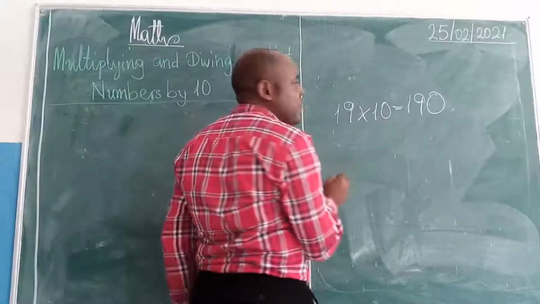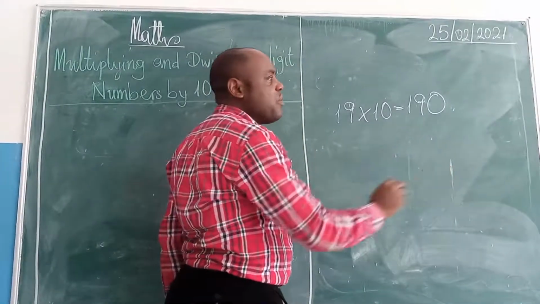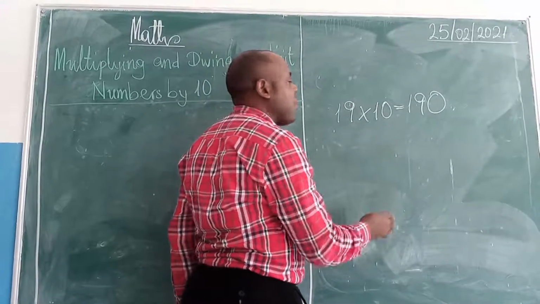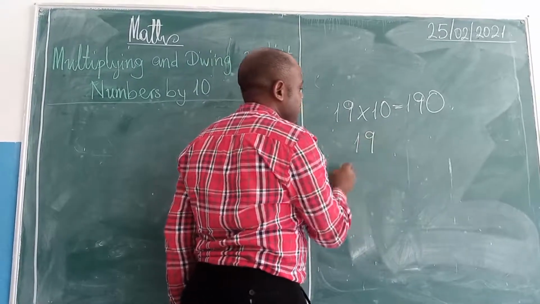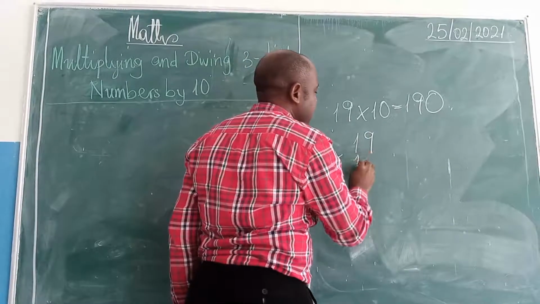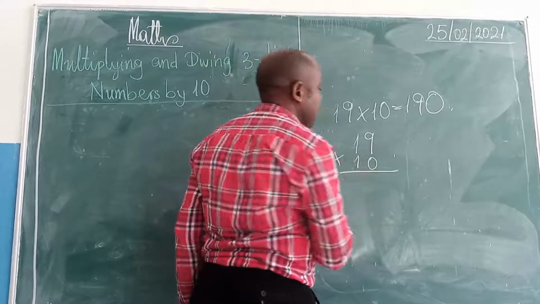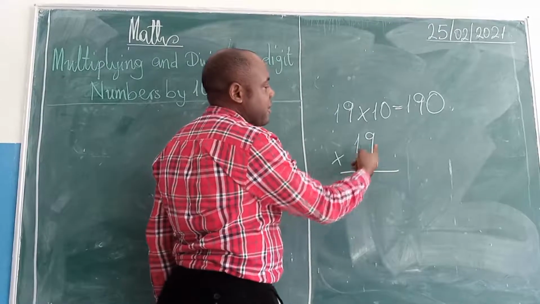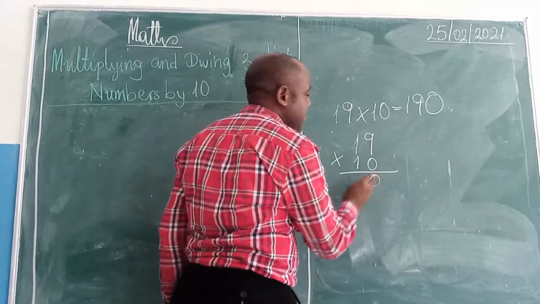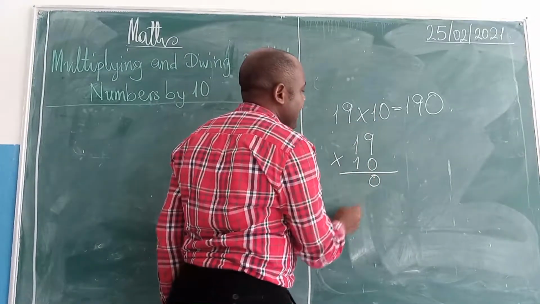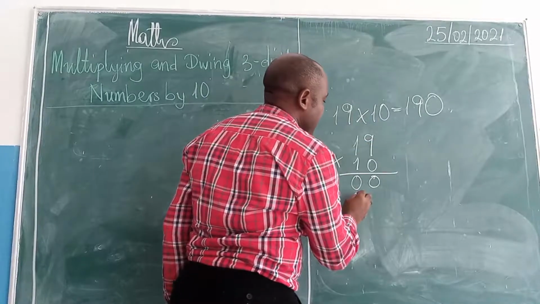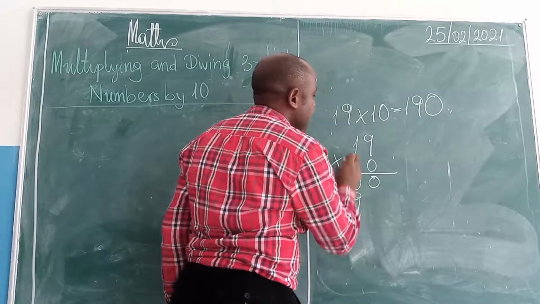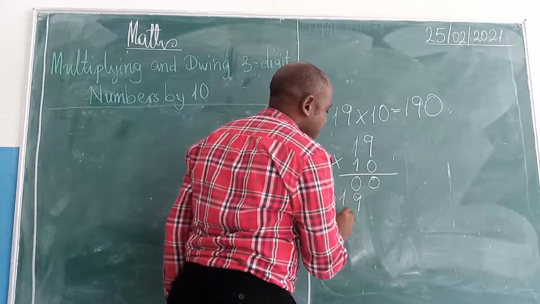And let me use our normal tens and units method to multiply, where we put all in columns. I have 19 times 10. So 0 times 9 gives me 0. 0 times 1 gives me 0. 1 times 9 gives me 9. 1 times 1 gives me 1.